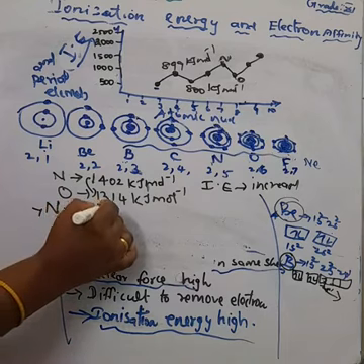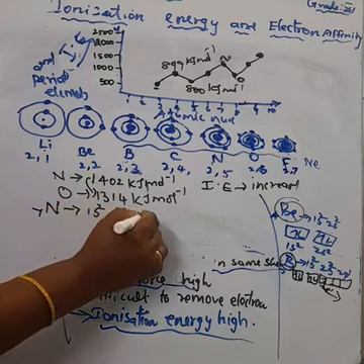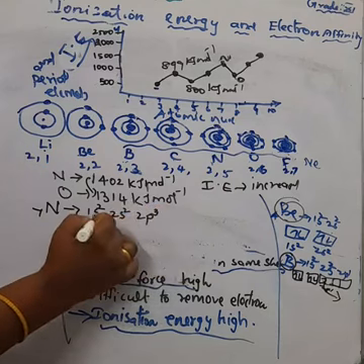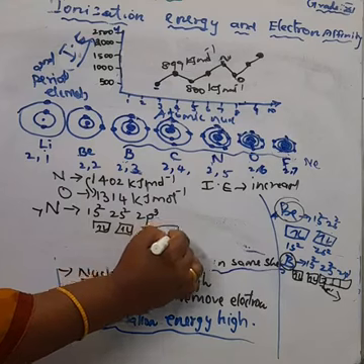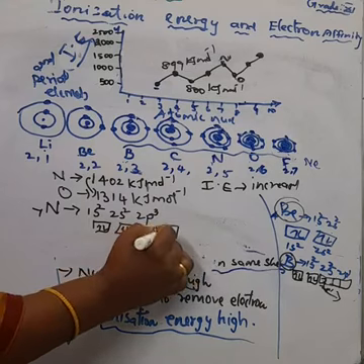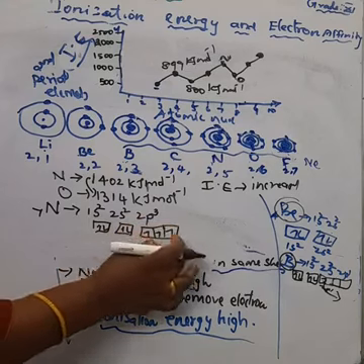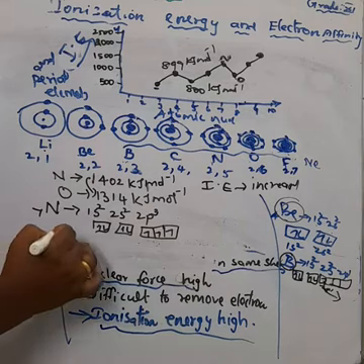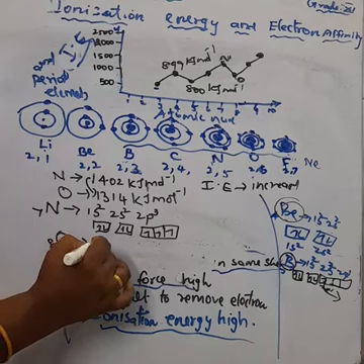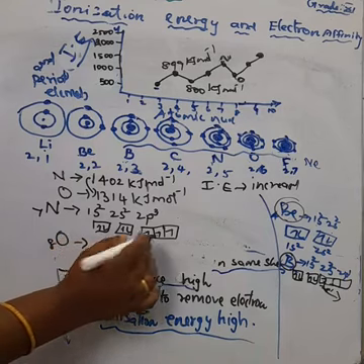Nitrogen's atomic number is 7, so the electronic configuration is 1s2, 2s2, 2p3. This is the 1s2 orbital, this is the 2s2 orbital, and this is the 2p orbital. In 2p, how many electrons? 3 electrons. So it is a half-filled orbital. The nitrogen atom has a half-filled orbital, but the oxygen atom has a partially filled orbital, 1s2, 2s2, 2p4.